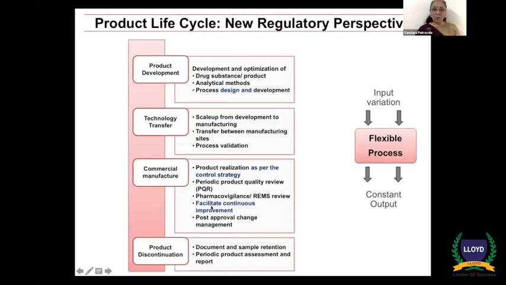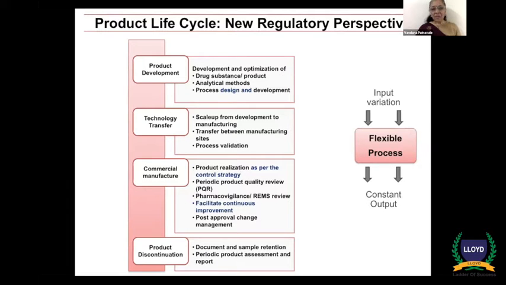So now the new regulatory perspective has changed only here. You can see that you are making the commercial product as per the control strategy. This has become a regulatory norm. So even if people were practicing quality by design earlier, till the time the regulatory guidelines came and it became a must, people did not start giving attention to it.